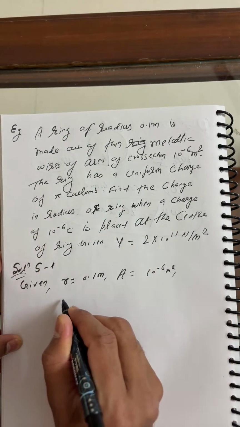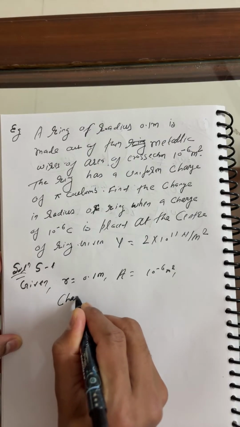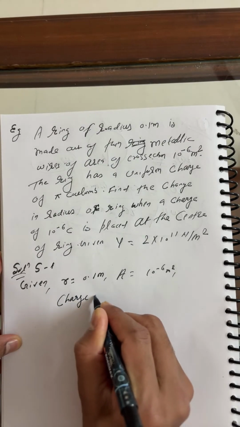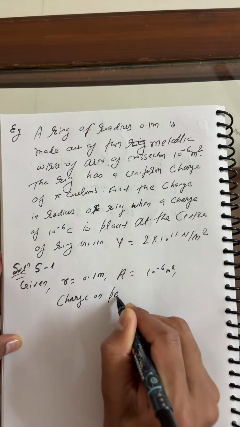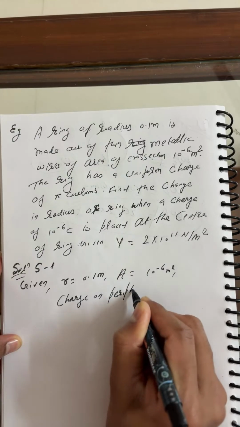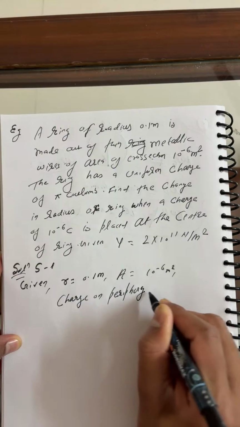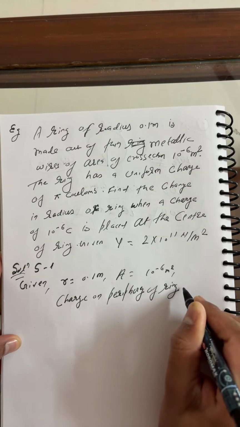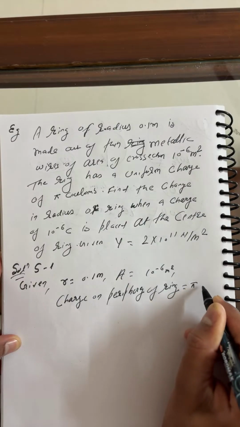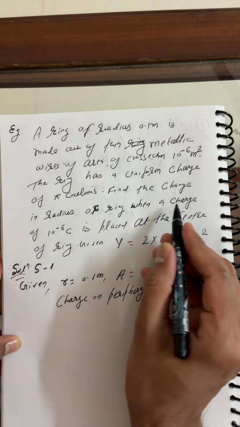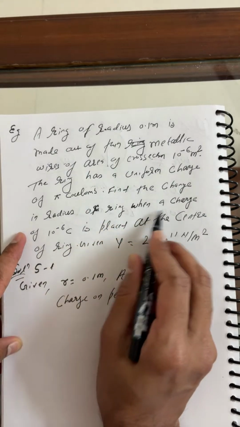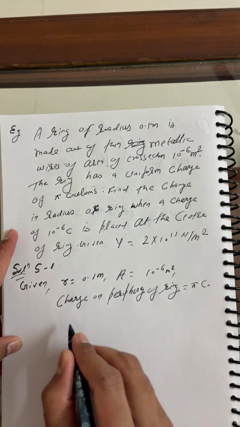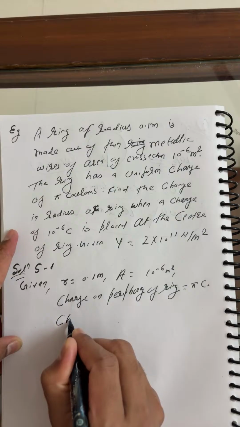You can write charge on periphery of ring, how much? This is pi coulomb. Find the change in radius of ring when a charge is placed at center.